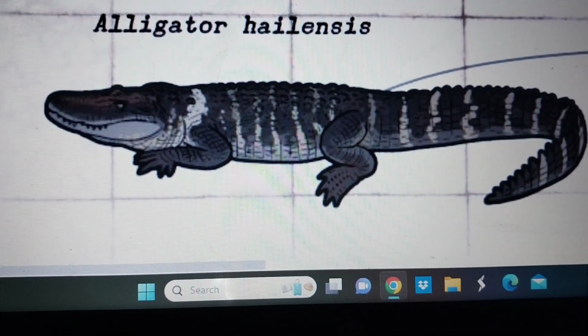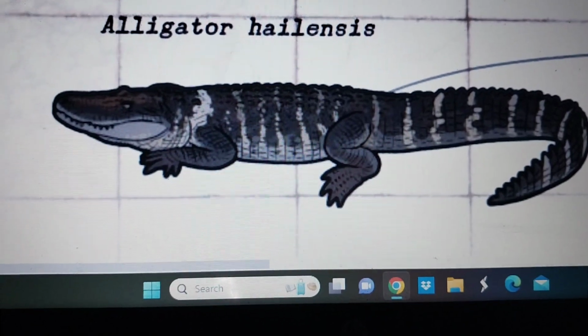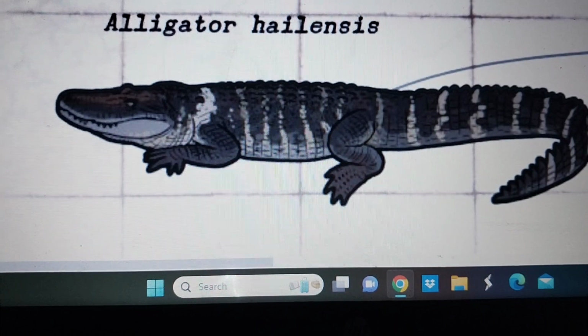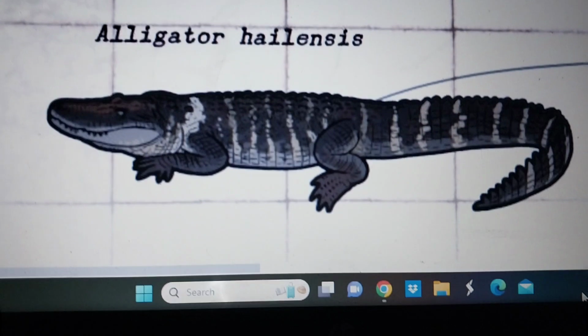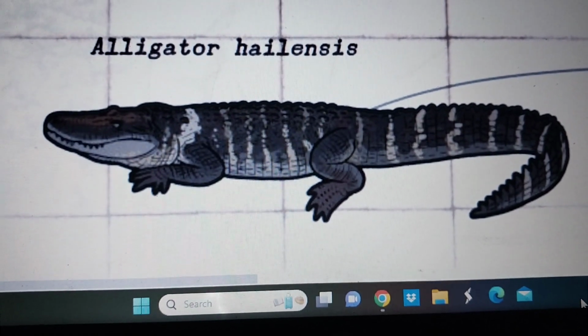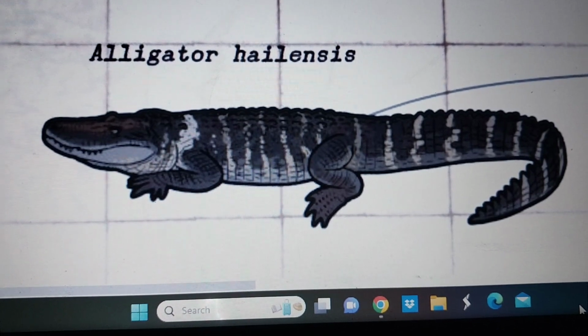These fossil localities yielded a minimum of 43 individual alligators, possibly even more, bridging the gap between species from the Paleocene and the modern American alligator.